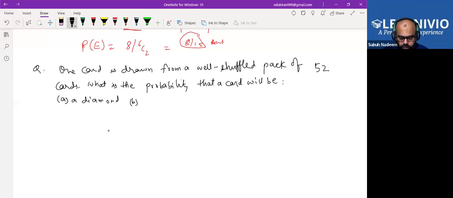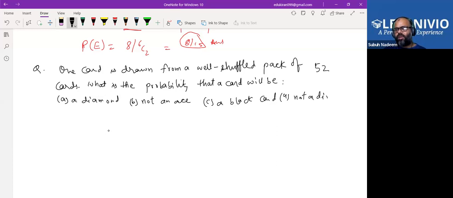Second part of the question, not an ace. Third part of the question, a black card. And fourth part of the question, not a diamond. So these are very, very small and simple questions. You can give their answers very easily, very quickly also.